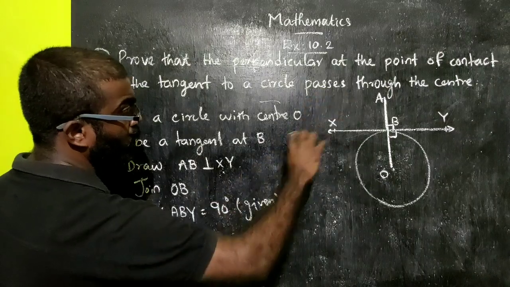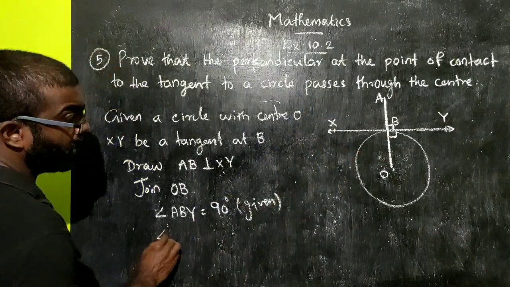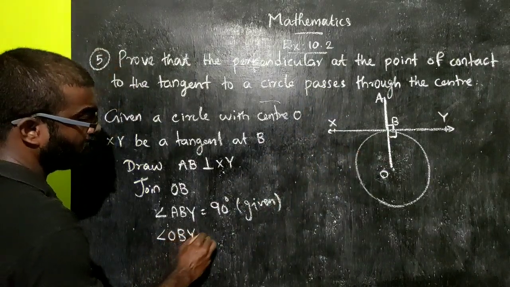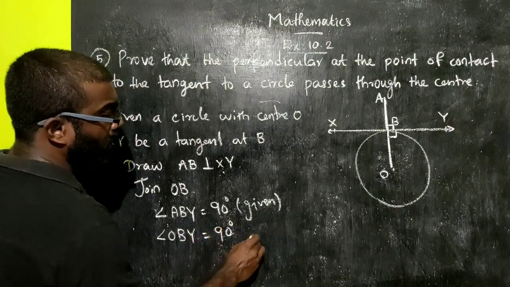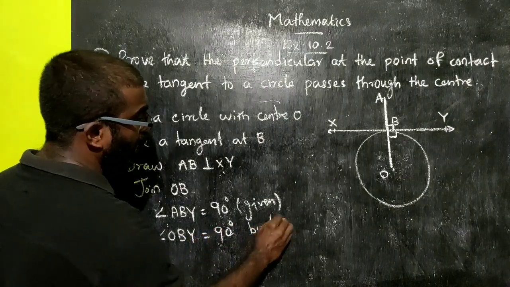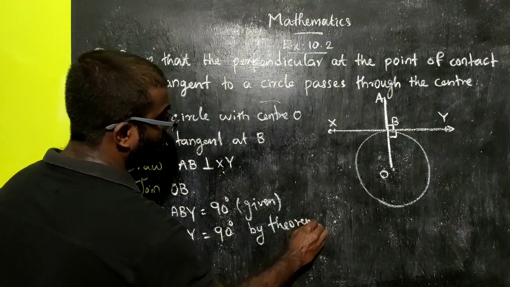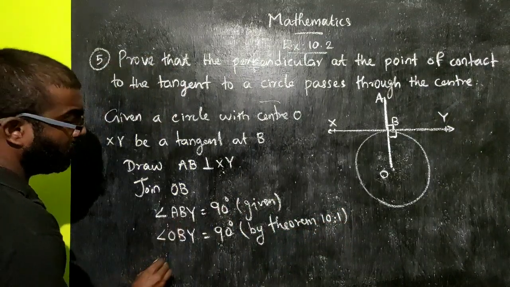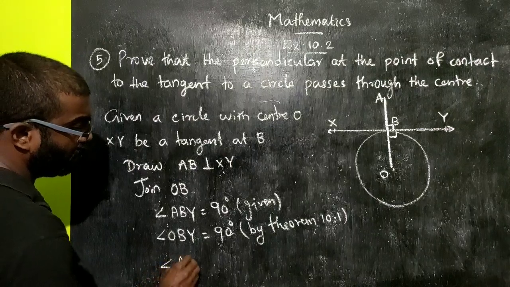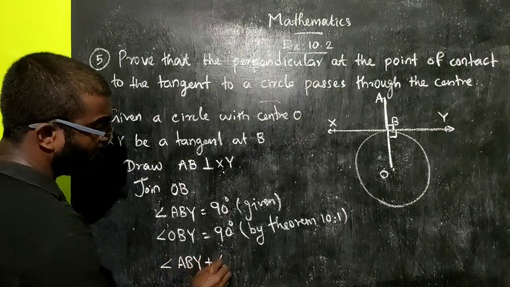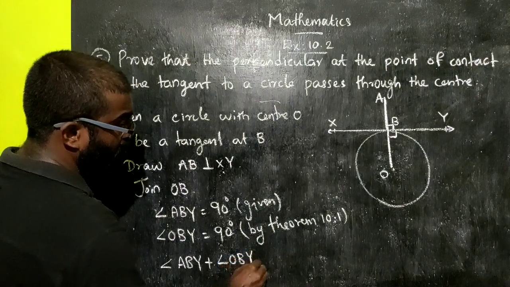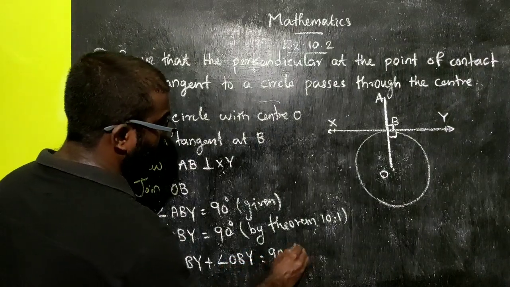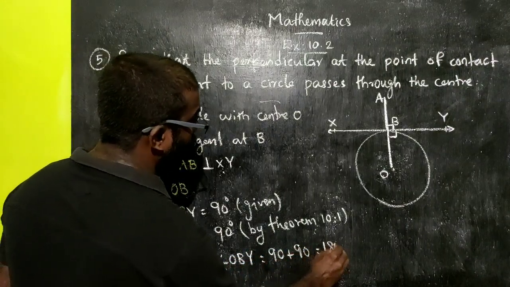AB is perpendicular to XY. Okay, and angle OBY is equal to 90 degree. Tangent is perpendicular to the radius through the point of contact. That means by theorem 10.1. Now we can add these two angles. Angle ABY plus angle OBY, which is equal to 90 plus 90, which is equal to 180 degree.